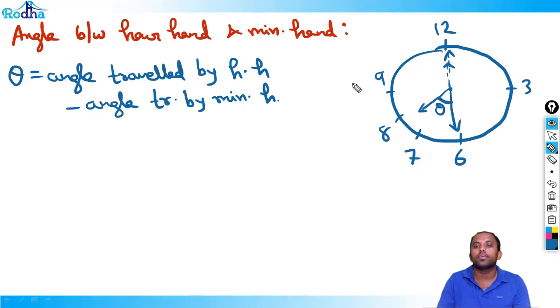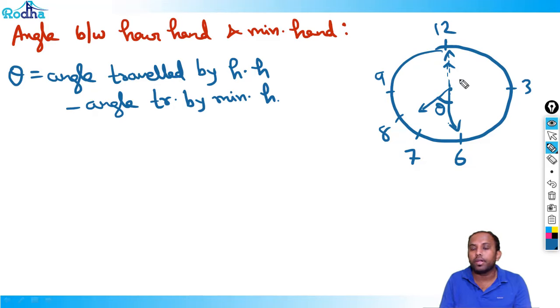Obviously, when the minute hand is above the hour hand, in that case it is the angle traveled by the minute hand minus the angle traveled by the hour hand. Just reverse it. So it's okay, you don't need to take that into consideration here. So angle traveled by hour hand minus angle traveled by minute hand.